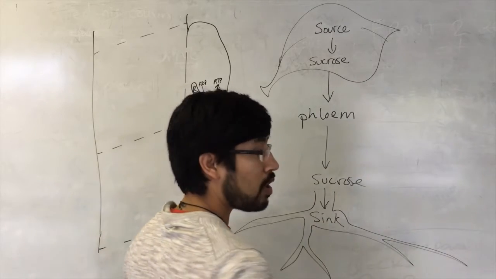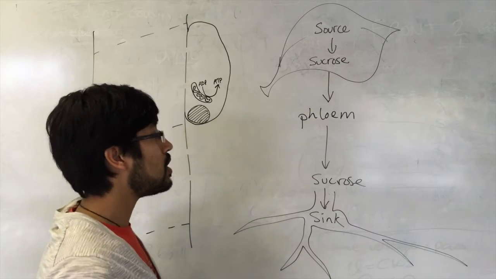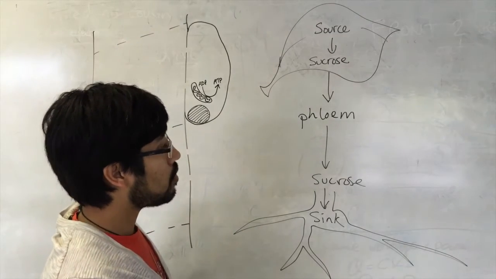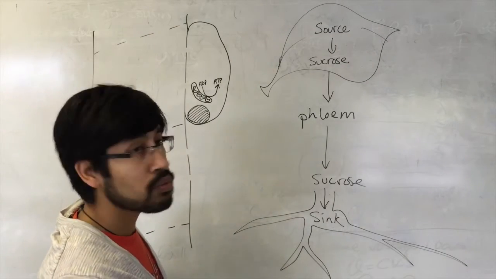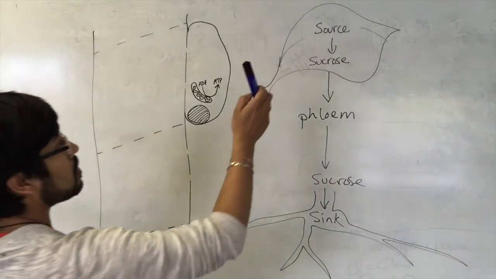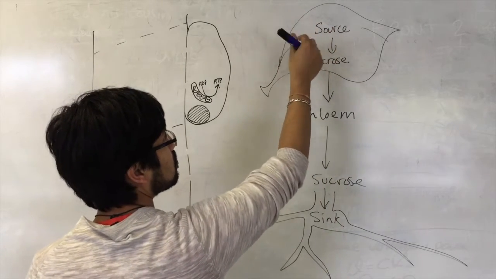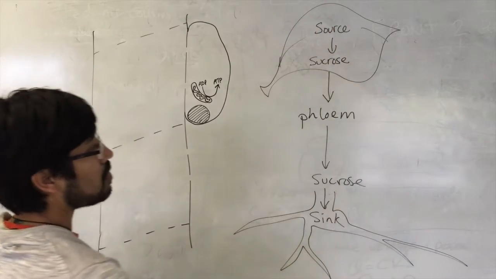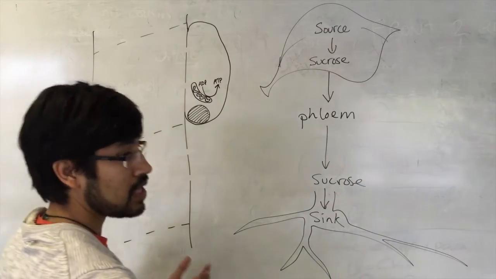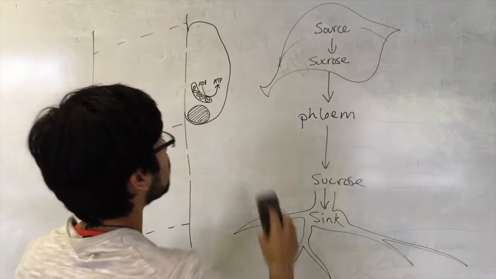There could be many parts of a plant which are not actively photosynthesizing a lot compared to the leaves, so they could equally act as sinks, and we'll look at different situations later as well. But for simplicity's sake, we're looking at how the phloem allows sucrose to go from somewhere where it's being produced to somewhere where it's being used up in general. Okay, so I think I'll need a little bit of space, so I'll get rid of this.